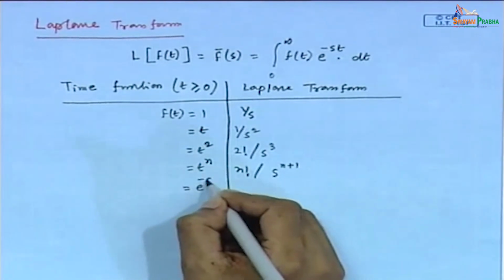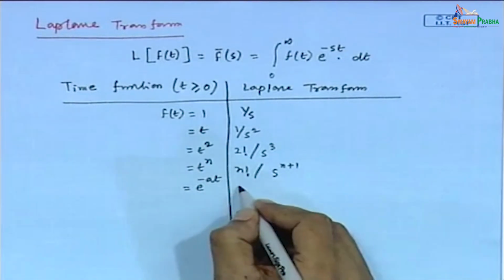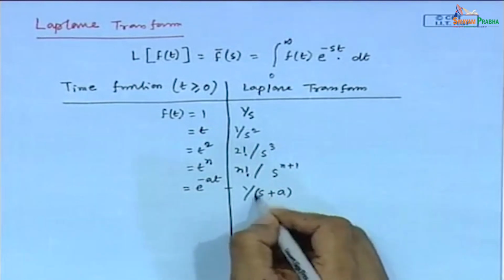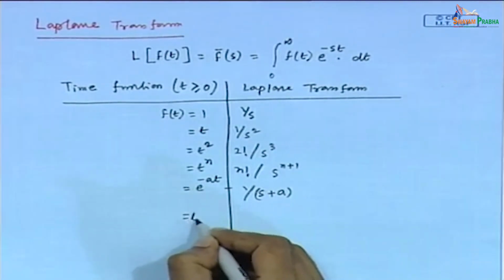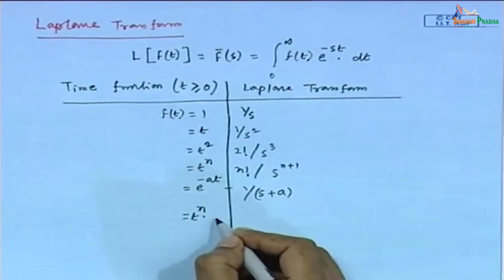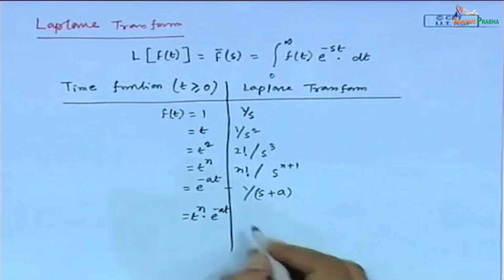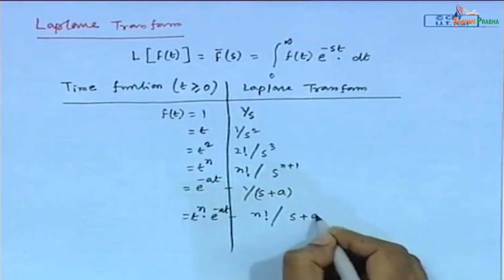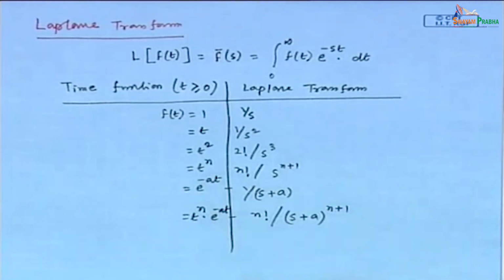If this is e to the power minus a t, Laplace transform of this is 1 by s plus a. This is t to the power n e to the power minus a t. Laplace transform is factorial n divided by s plus a whole to the power n plus 1.